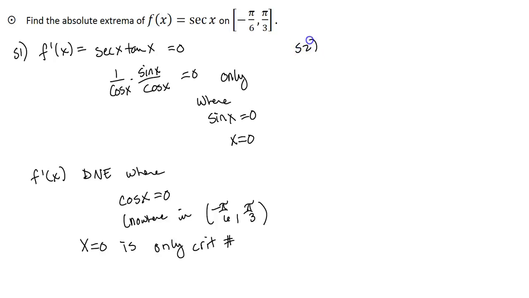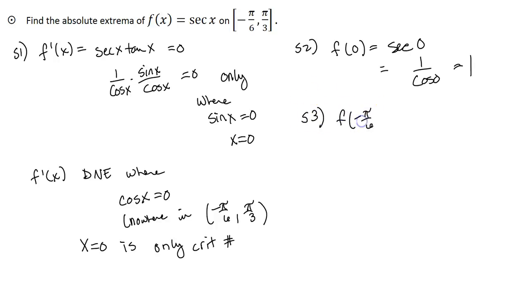So for step 2, I'm going to find f of 0, which is secant of 0, and that is 1 over cosine of 0, which is 1. Okay? And step 3, I'm going to find f of negative pi over 6, and you can go back to a 30, 60, 90 triangle if you want to. Pi over 6 is the 30-degree angle.